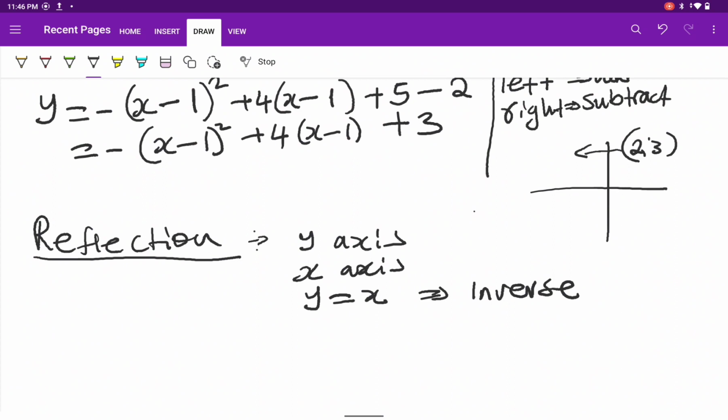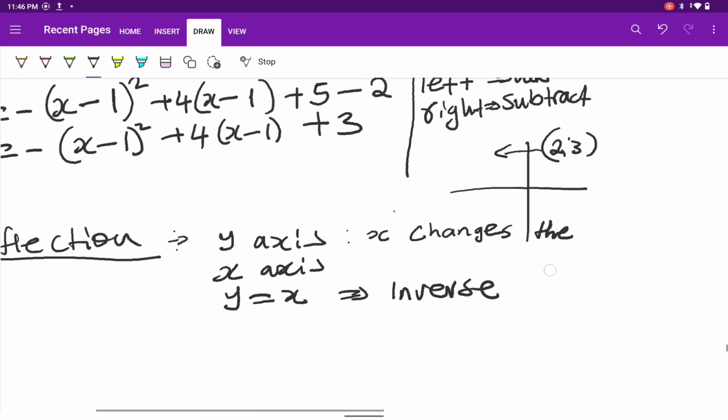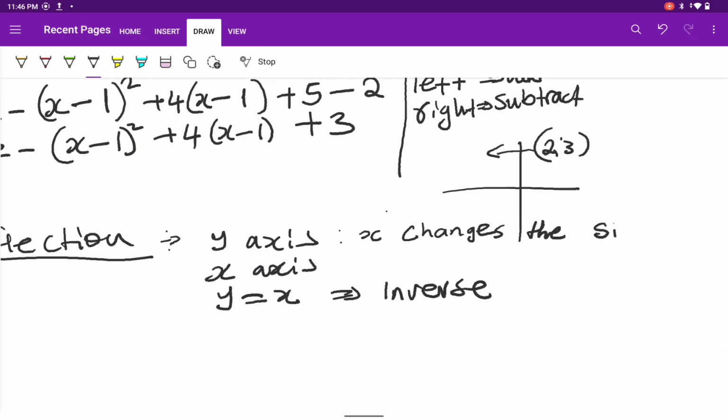So when we reflect along the y-axis, we just have to know that the x value changes its sign.